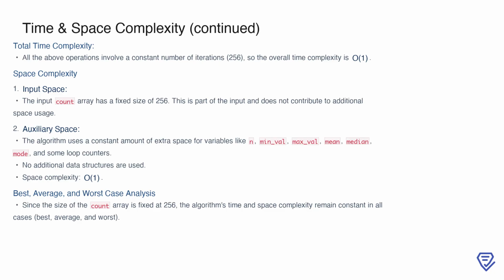For auxiliary space, the algorithm uses only a constant amount of memory for variables like n, min_val, max_val, and others. Since no additional data structures are created and all operations are performed in place, the space complexity is O(1). This holds true across all scenarios: best, average, and worst case, since the size of the count array is always fixed at 256.